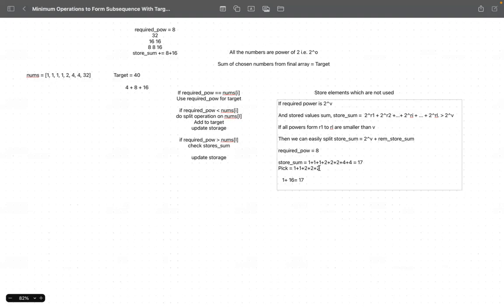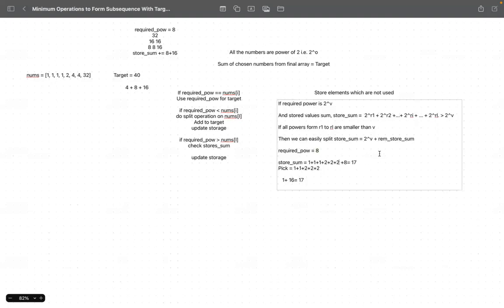So the way you pick 8 out of this, you can always just split into two subsequences. One will sum to 8 and the other will sum to 11. Okay, why is this possible? Because all these values are smaller than 8. Even if some value is equal to 8, then also it will be possible, obviously.